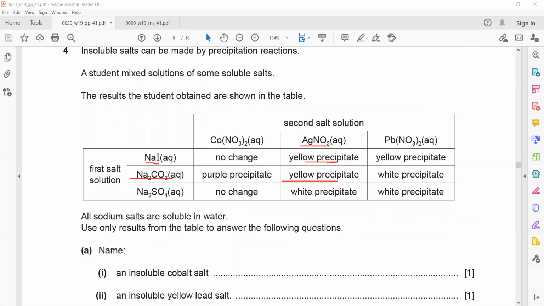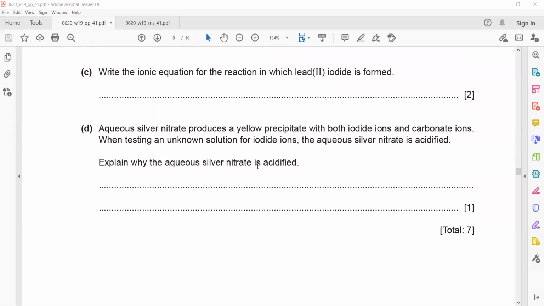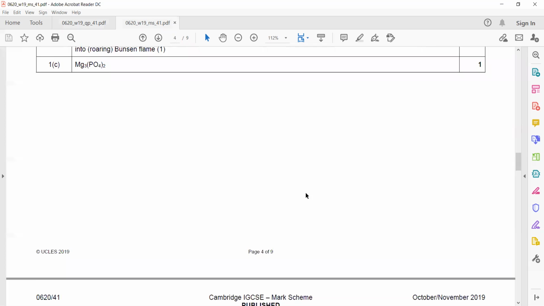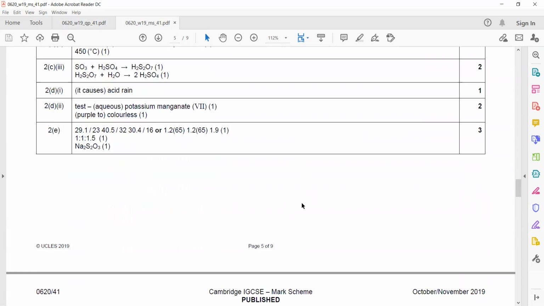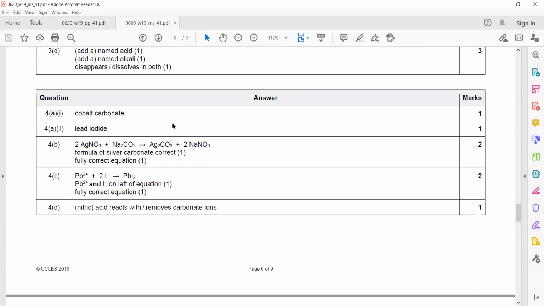So how can you distinguish which one is this yellow precipitate? So we can use acid to differentiate from the carbonate ion or remove the carbonate ion, because acid can react with carbonate ion. I'll show the marking scheme as well, the points. So acid reacts and removes the carbonate ion.